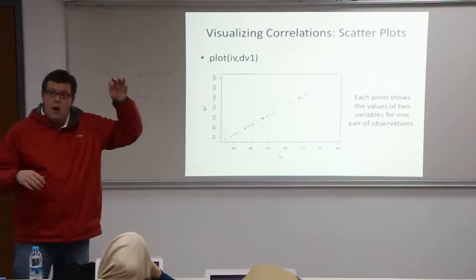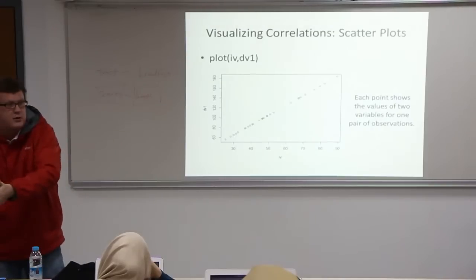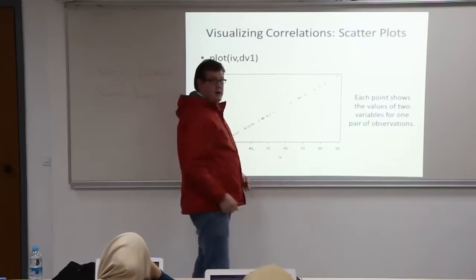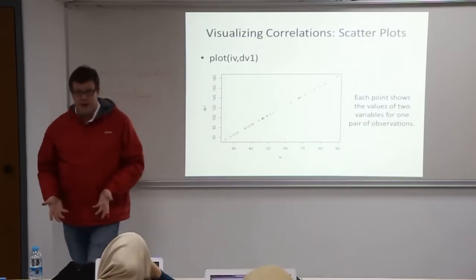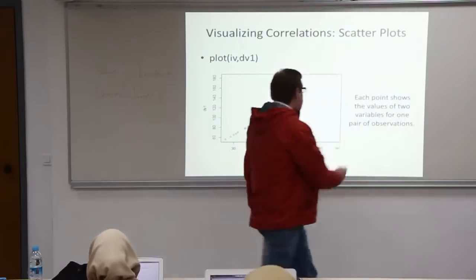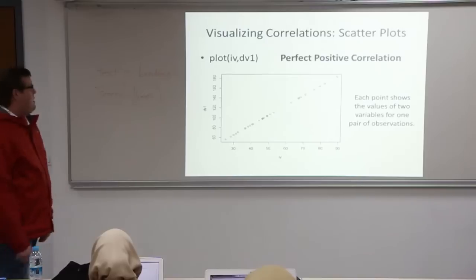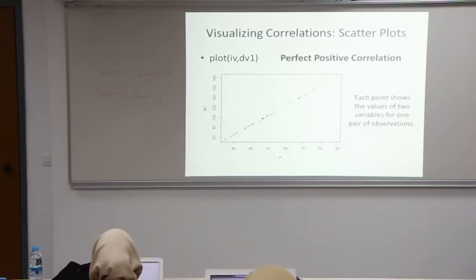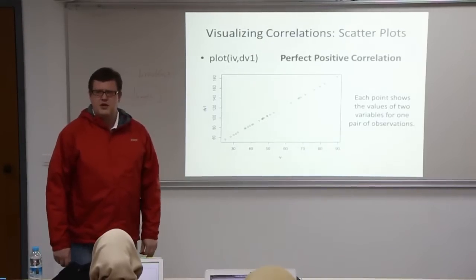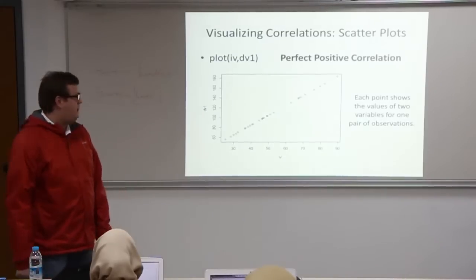So does weight go up as height goes up? So I measure one person's height, I measure their weight, and each point would then indicate their height and their weight. Okay? So, a couple of you have already said that this is a perfect positive correlation. And it certainly looks like what a perfect positive correlation should be, but we should probably test this.